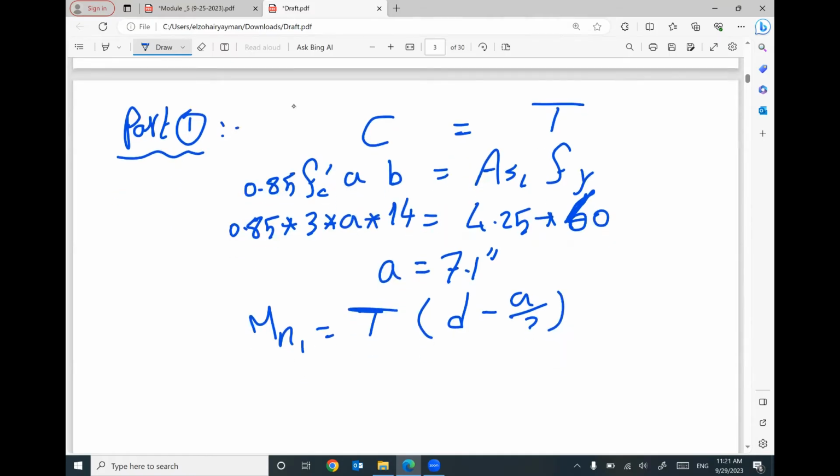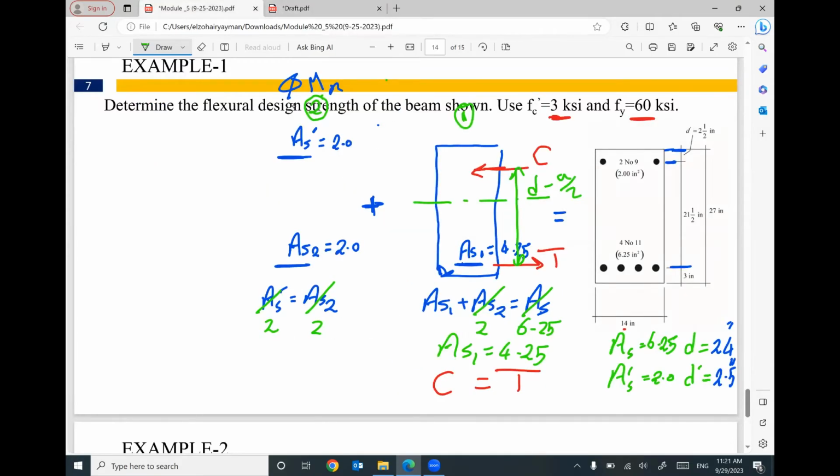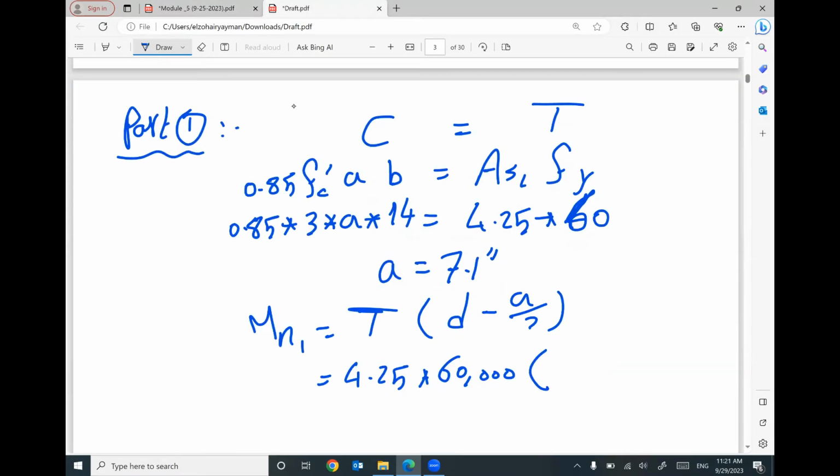Everything you need is given. Capital T equals 4.25 times 60,000, times the total depth of this steel reinforcement 24 minus A 7.1 divided by 2. I can find the value of MN1.